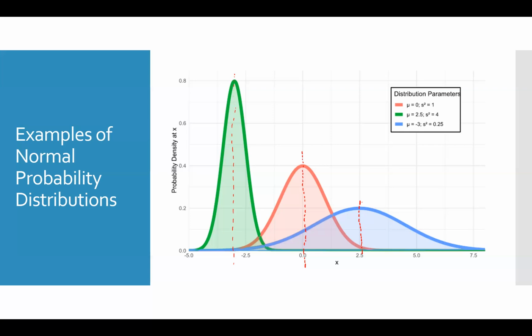But prior to the advent of technology, having an infinite number of normal distributions was a problem. It's not so much a problem for us today because we have technology that's going to help us. But there are a couple more characteristics that I want to address.